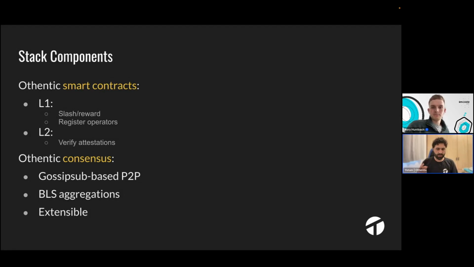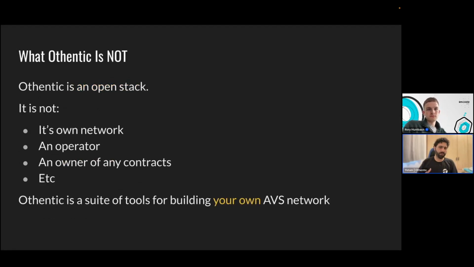So one last thing I want to go over before I go over the demos, it's important for me to emphasize it. So what Authentic is not, okay? Authentic is an open stack. That means that it's not its own network. Authentic is not an operator, and it's not an owner of any contract.